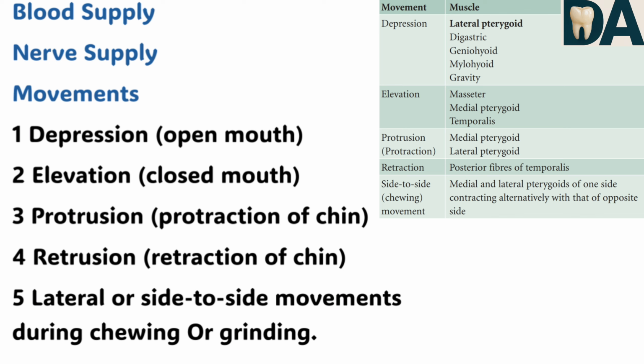Protrusion: medial pterygoid and lateral pterygoid. Retraction: posterior fibers of temporalis. And side to side movement: medial and lateral pterygoid muscles.